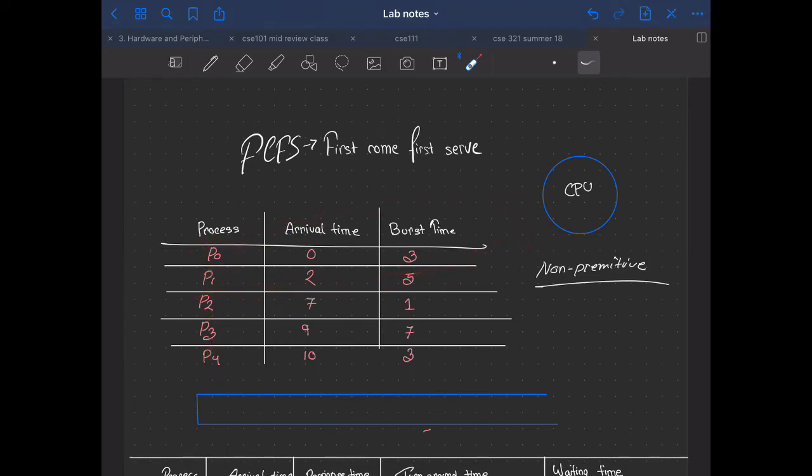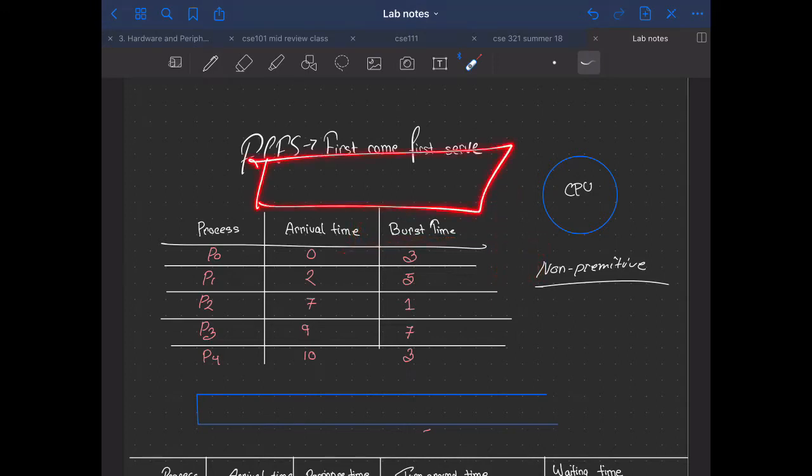One of the biggest things that you have to keep in mind when it comes to FCFS is the arrival time. The process that comes first gets the CPU first, and most important, this is a non-preemptive algorithm, meaning when P0 gets the CPU, it would get its work done. After that, another process can come in.